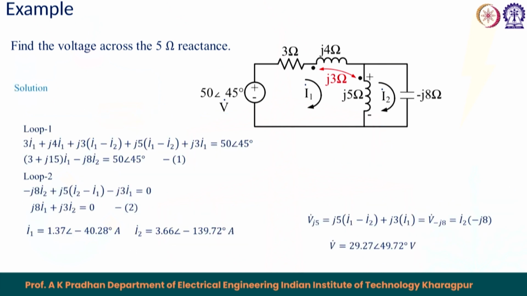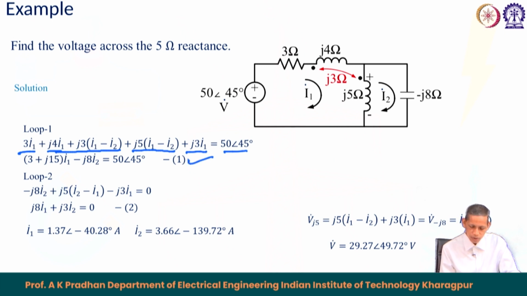So, for loop 1 we find the corresponding 3 I1, and then the voltage drop in the 4 ohm, that is J4 I1, J3 times I1 minus I2, and then J5 times I1 minus I2 plus J3 I1, and that equals 50 with an angle of 45 degrees.